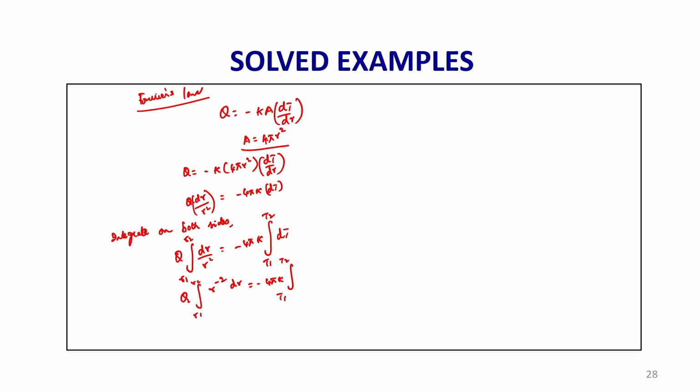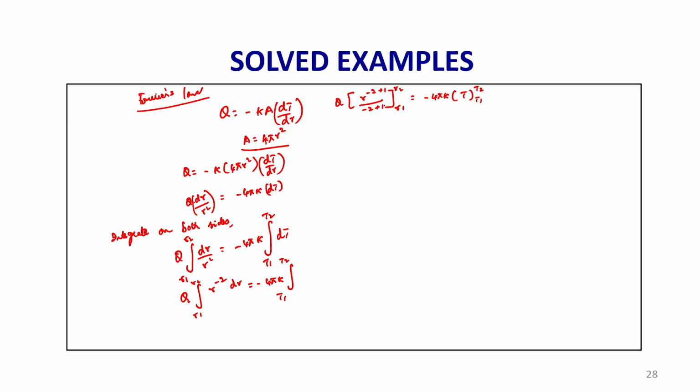Now, the integral of r power minus 2 is r power minus 2 plus 1 by minus 2 plus 1. So, q into r power minus 2 plus 1 divided by minus 2 plus 1, lower limit r1, upper limit r2. On the right side minus 4 pi k is constant, the integral of dT is T, upper limit T2, lower limit T1.